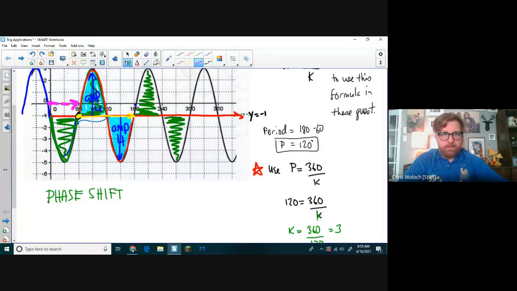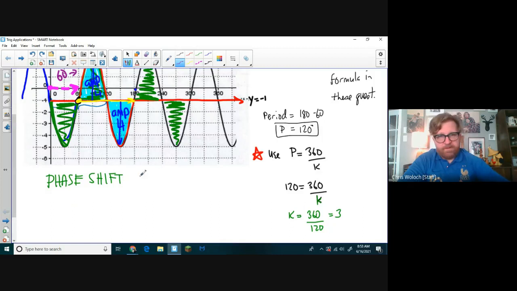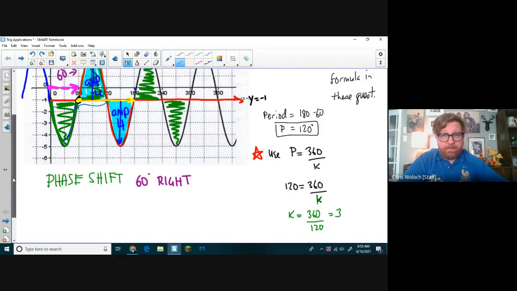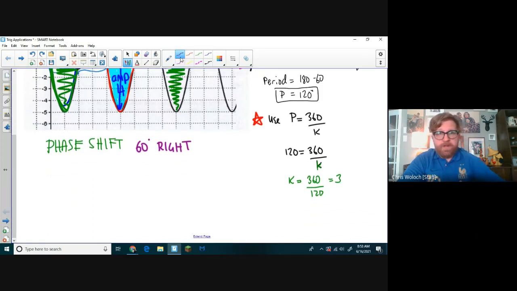How many? That looks like about 60 degrees this way, right? So it's going to be 60 degrees to the right. All right. So now I have all the information that I need to come up with the equation.